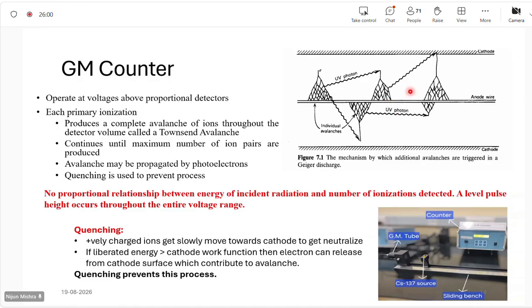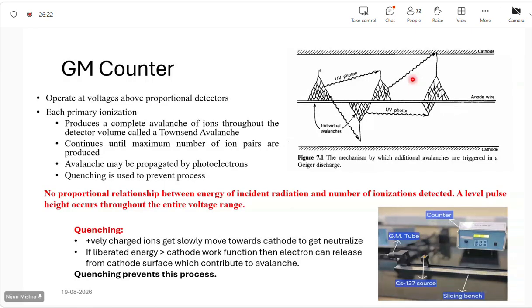When it gets neutralized at the cathode, the energy released is utilized in dissociating that quench gas atom or molecule. So it will not create any further avalanche in the detector.